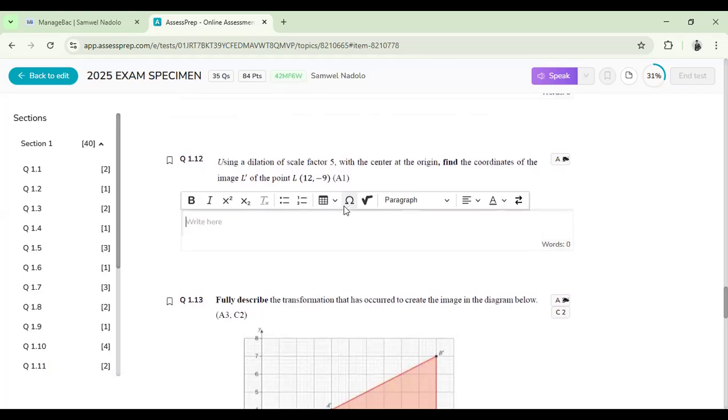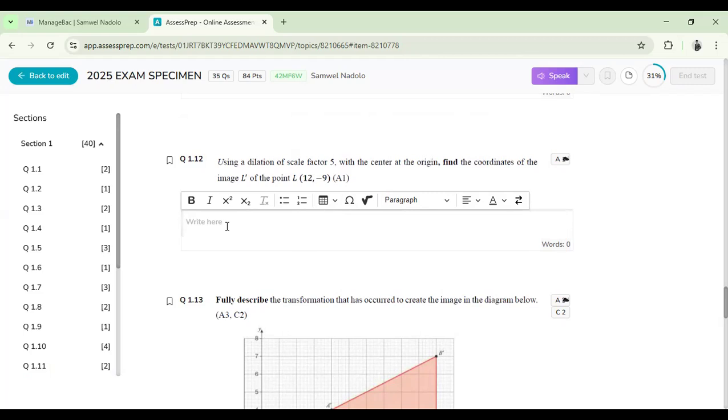So using a dilation of scale factor 5 with the center at the origin, find the coordinates of the image L' of the point L (12, -9). That's only 1 mark. Now this is under the topic of patterns, which is tessellations.